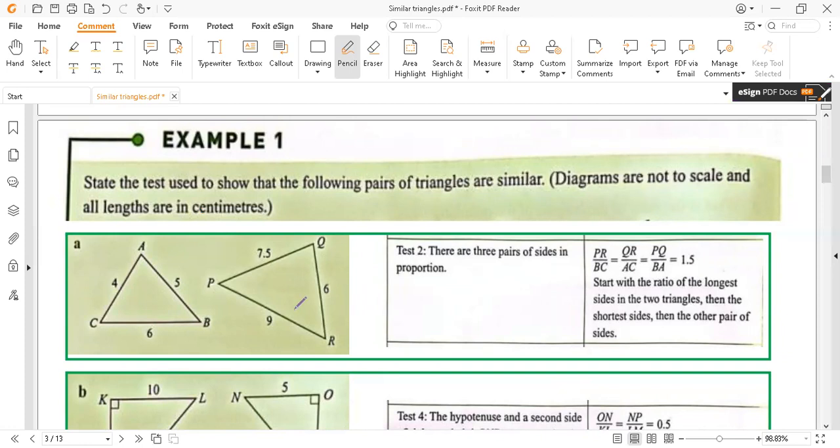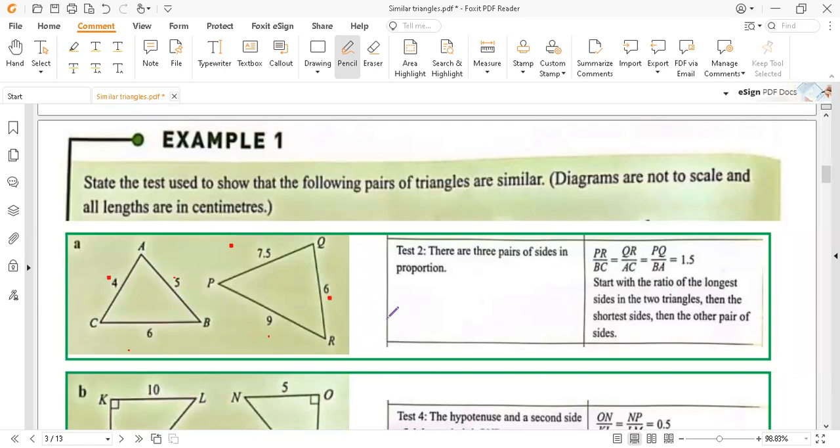So I can say we can base our justification on only the sides. So we have three sides. It is sufficient to verify that we have three pairs of sides which are in the same ratio.